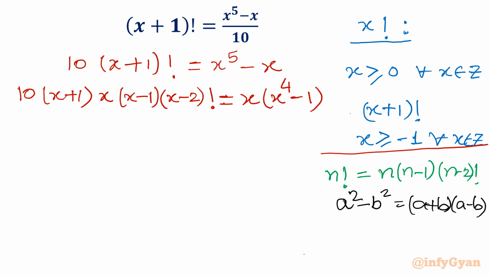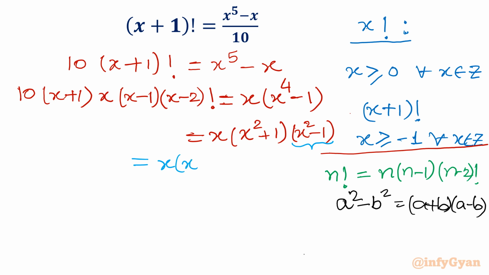So the RHS would be equal to x times ((x square) whole square minus 1), so I can write (x square plus 1) and (x square minus 1). Now in the second parenthesis, I will use the difference of square again. So RHS will come out as x times (x square plus 1), (x plus 1), (x minus 1).